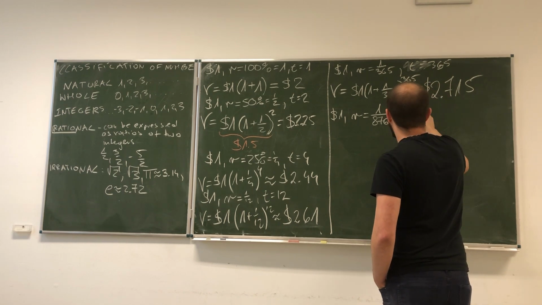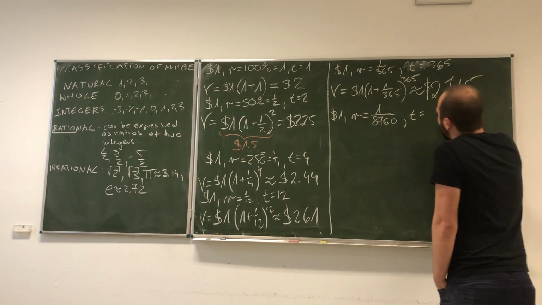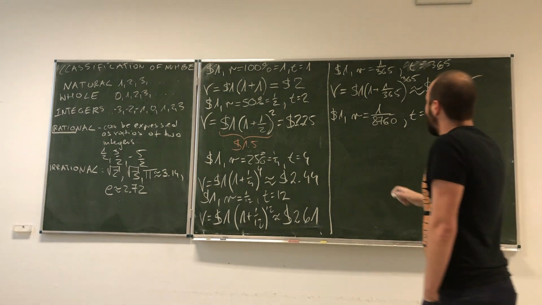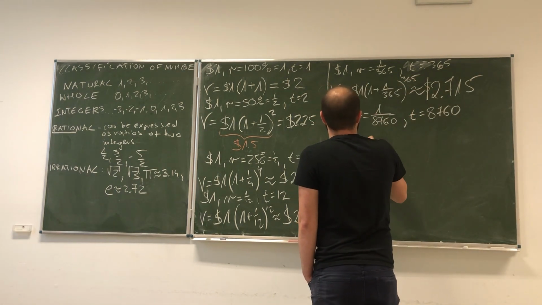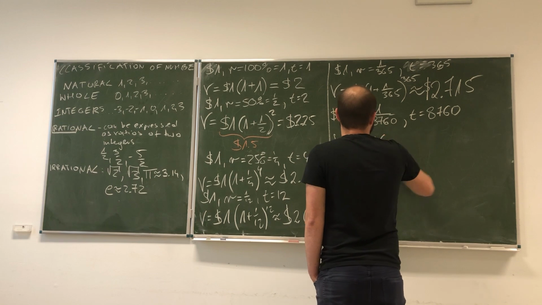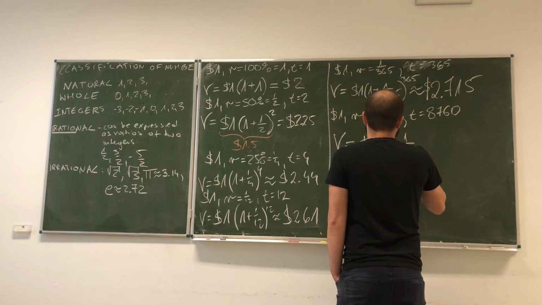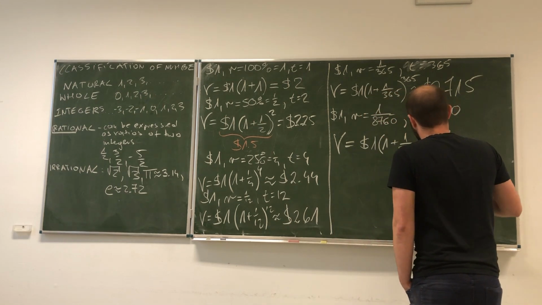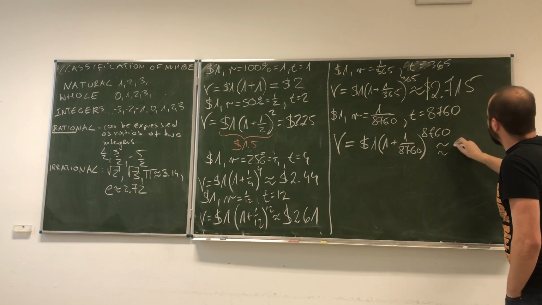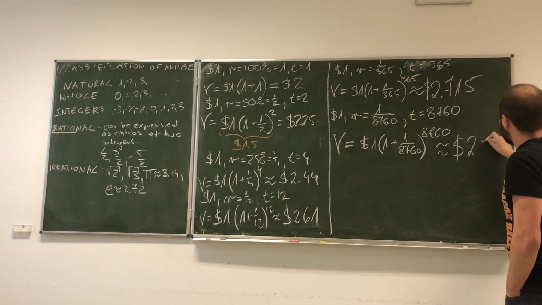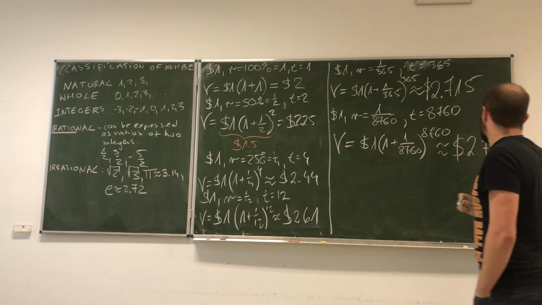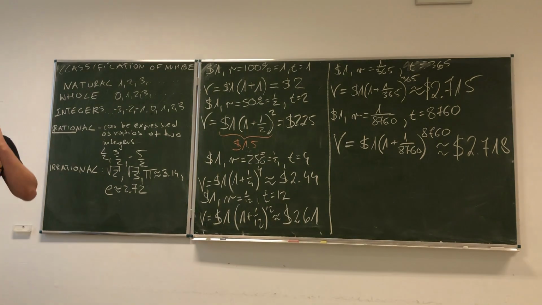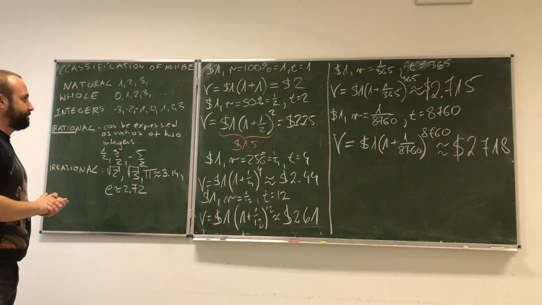And then we have 8,760 capitalizations. At the end of the year, we will have approximately $2.718.